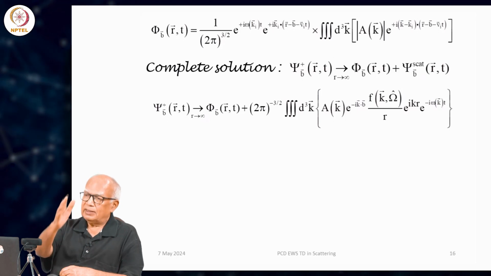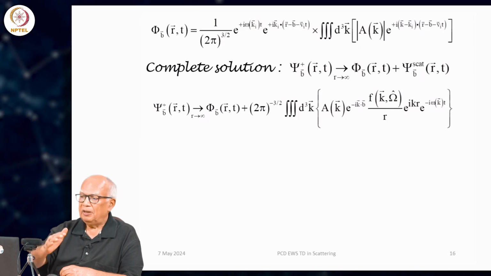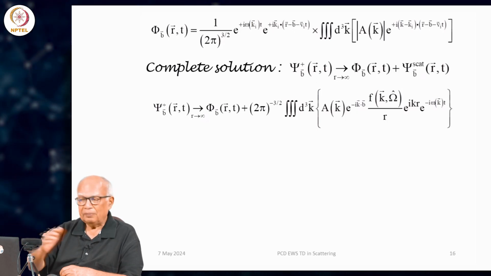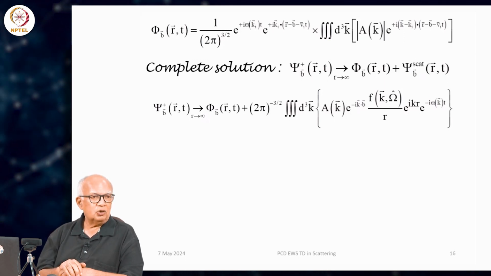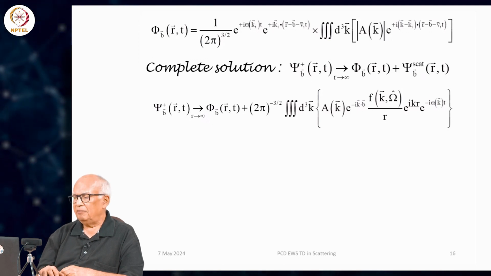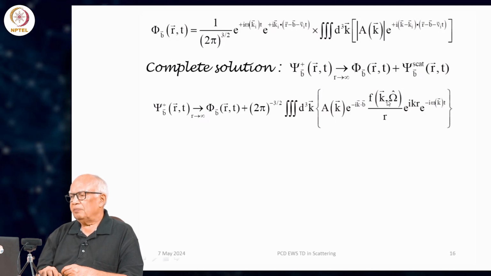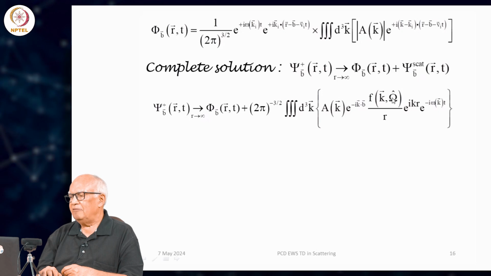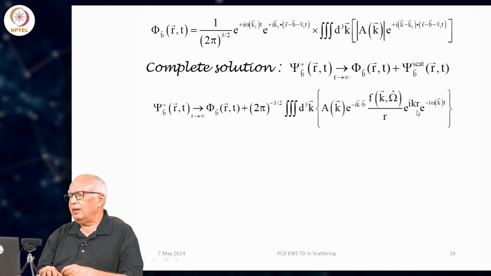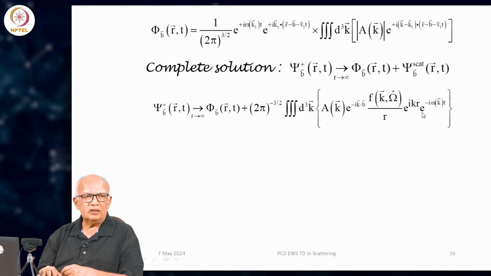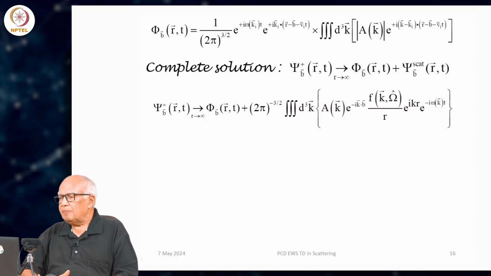The theta is the axis along which you have an incident beam, because that is the one which defines a direction, and of course, you have azimuthal symmetry, so many things drop out which depend on phi, but in general the scattering amplitude depends on this theta and phi, and then you have this kr minus omega t, which is the phase of this term. So, kr minus omega t is the phase.